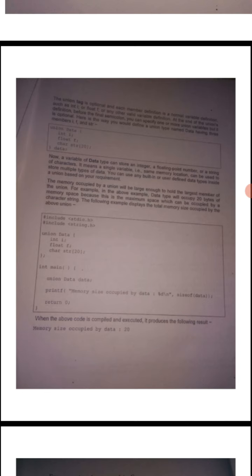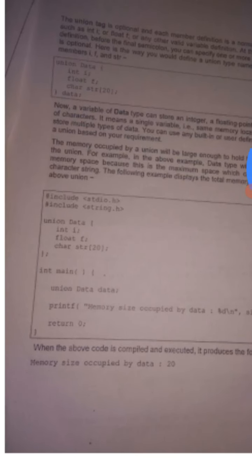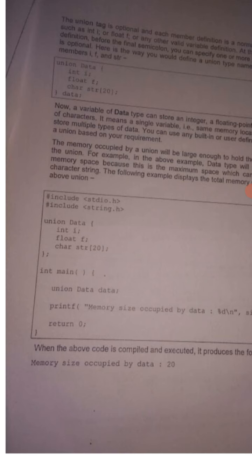Here is the way you would define a union type named Data having three members i, f, str: union Data { int i; float f; char str[20]; } data; This is the union type named Data having three members.